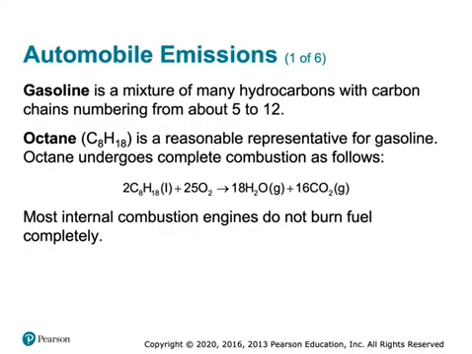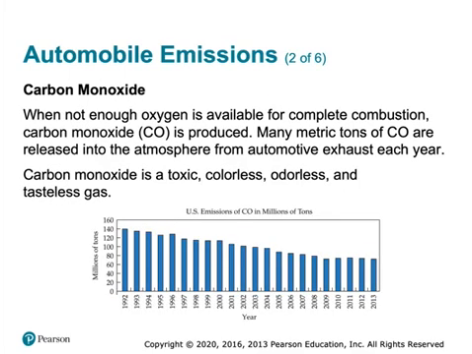So automobiles: gasoline is a mixture of hydrocarbons. What that mixture is depends on the state and the country, and we usually use octane, but it tends not to burn completely. With incomplete combustion, carbon monoxide is formed.